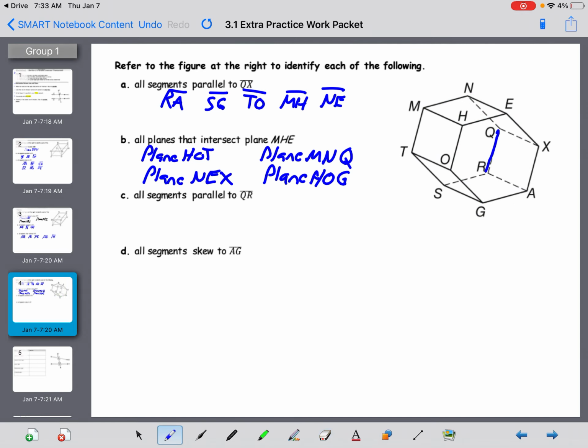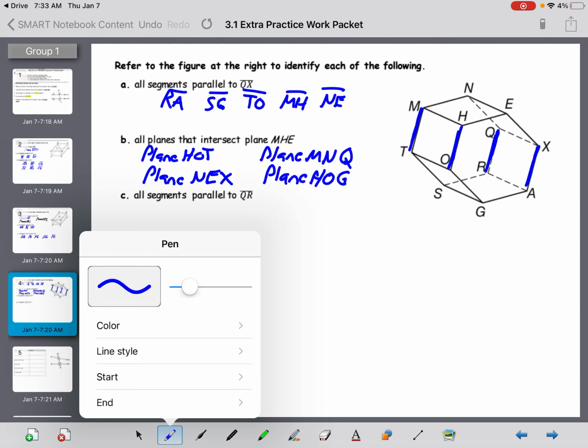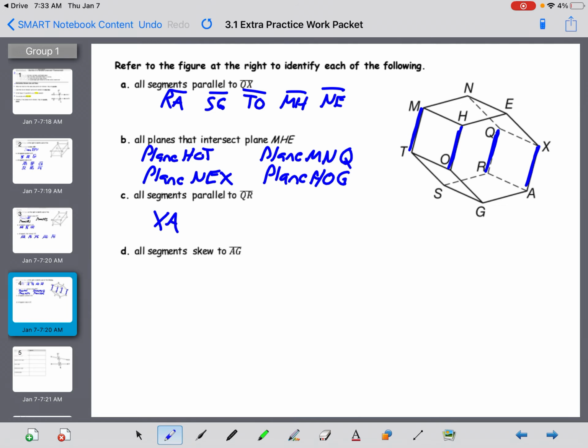All segments parallel to QR. There are several: XA, MT, and HO. All segments skew to AG, meaning it cannot touch any plane that AG exists within, so these are all out. And this is out.